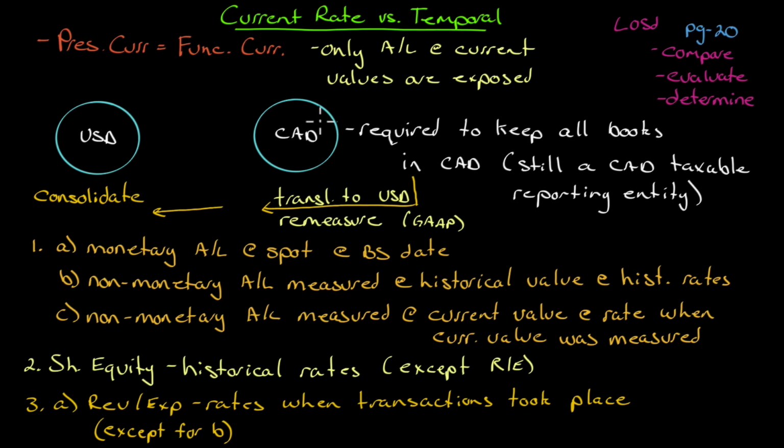You're just remeasuring this financial statement in terms of the functional currency before you consolidate. Under the current rate method, you have all of your Canadian balances and then you translate. Here we're translating first and then consolidating. So it's a little bit more complicated to do it this way.